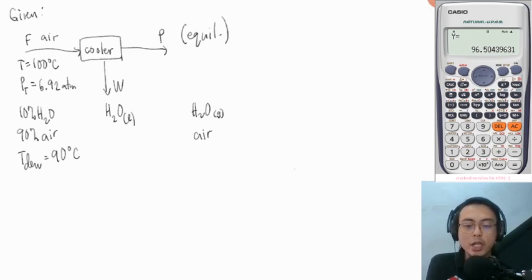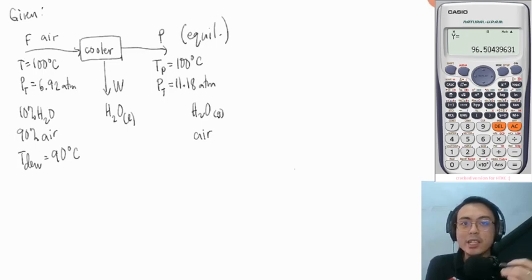Isothermal meaning constant temperature. So therefore, the temperature in your product is still 100 degrees Celsius, but the total pressure in your product would now be 11.18 atmospheres. So in the previous case, we held the pressure constant and we lowered the temperature and we have a condensate. In this case, we held the temperature constant, but we are increasing the pressure. That's also another way for you to get a condensate.